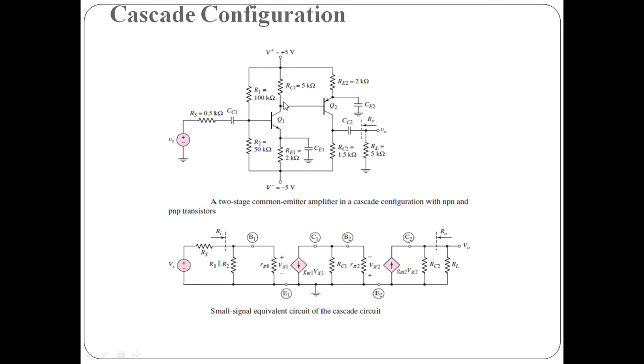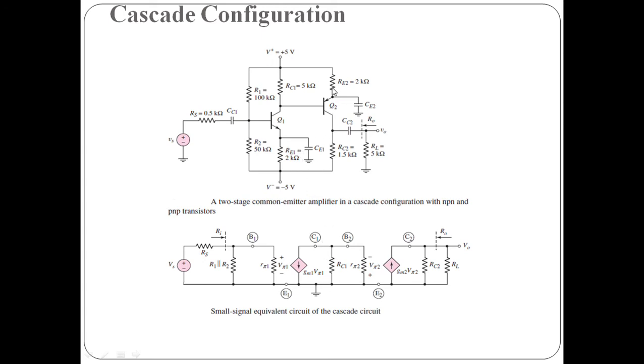From the collector to the emitter terminal it is replaced by a current source given by gm1 into V pi 1, and the other end of this collector is grounded. Between C1 and E1, RC1 is present. This is the part which shows the first stage of the common emitter amplifier.